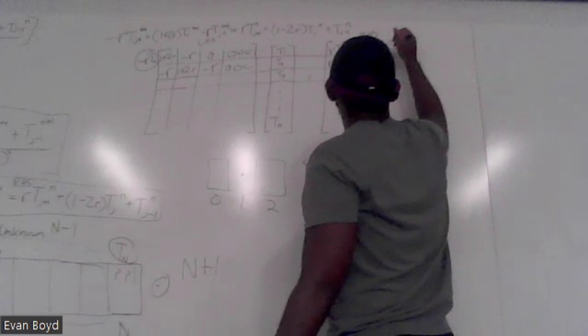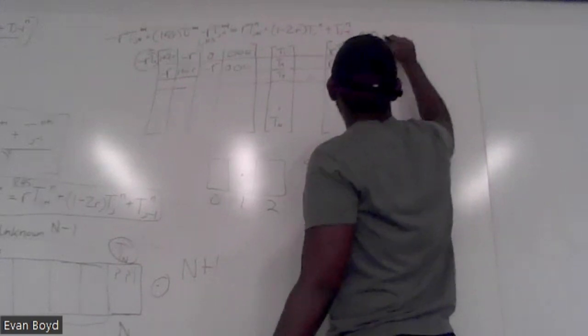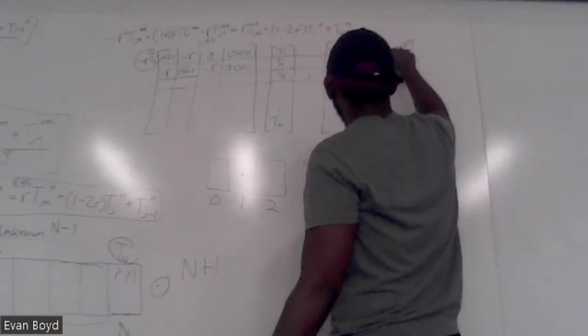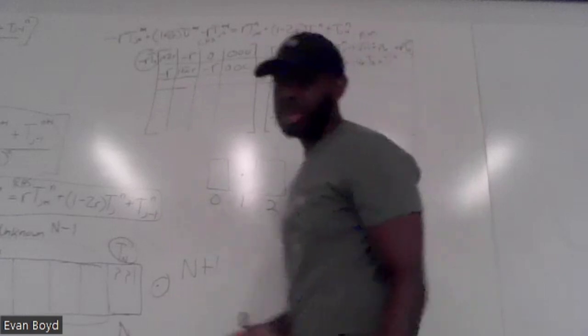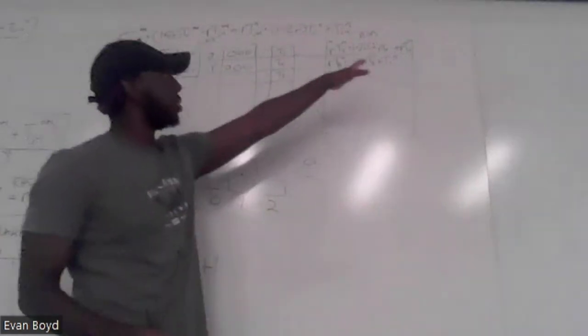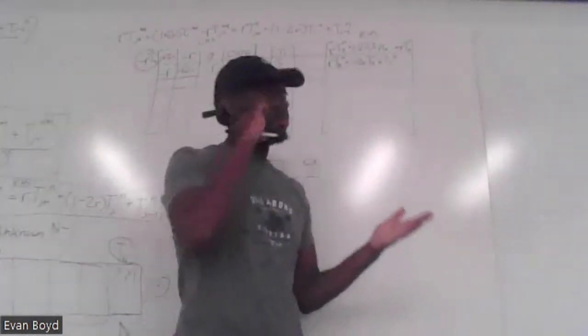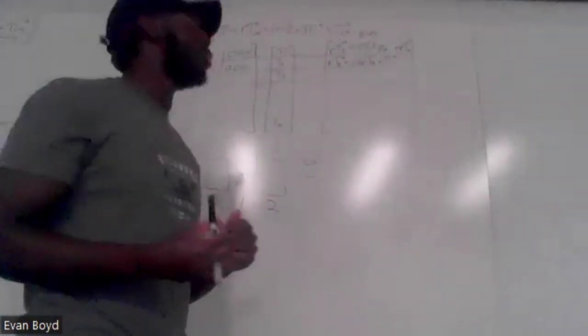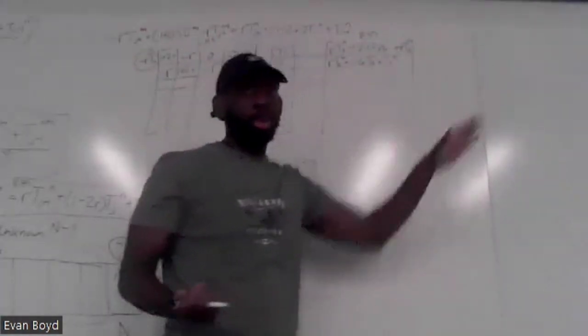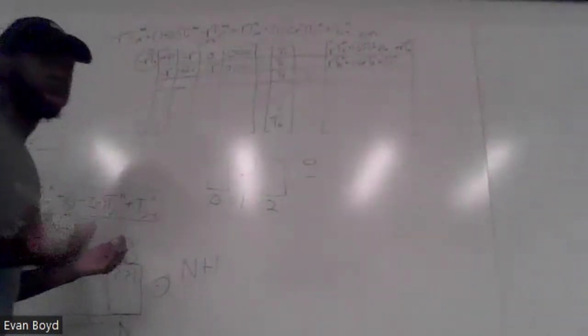So now we have 2 r's. We have 2r times temperature at position 0 in the product. So you could say we have two times r times initial temperature 0, or you can just leave it like this. This is also correct. But yeah, that's basically how it goes.